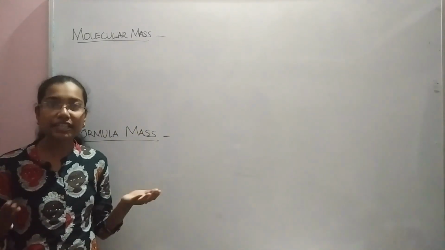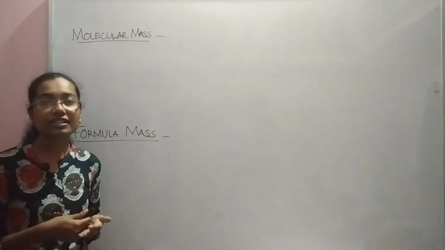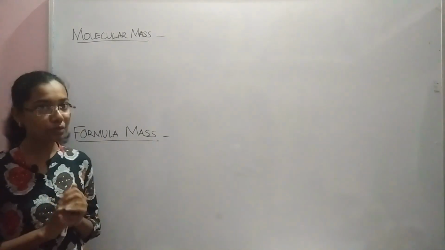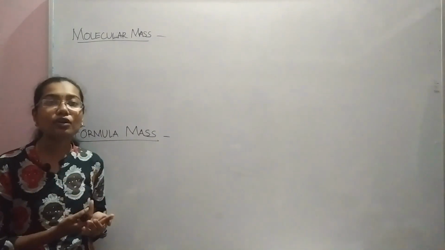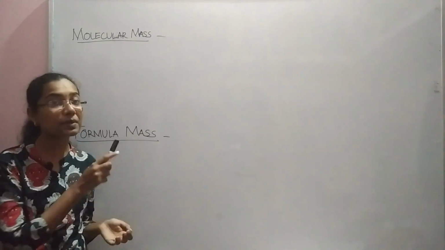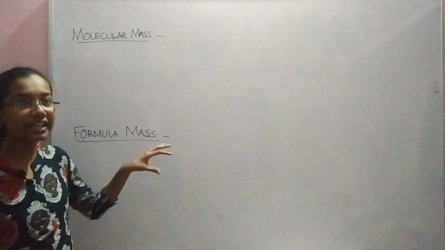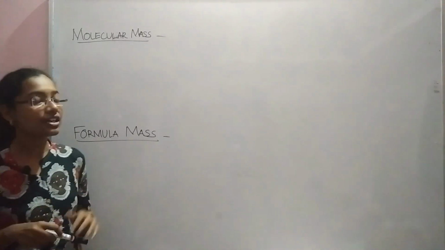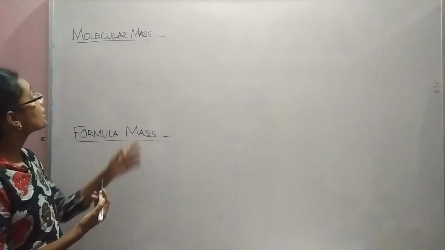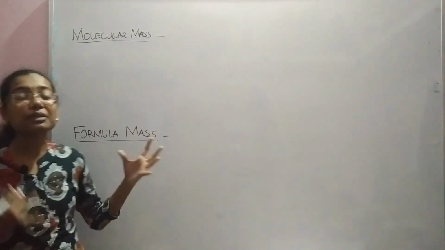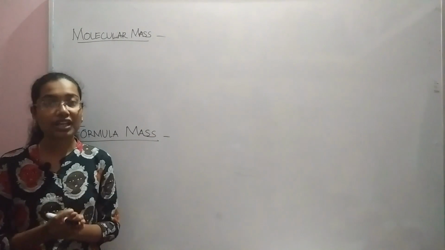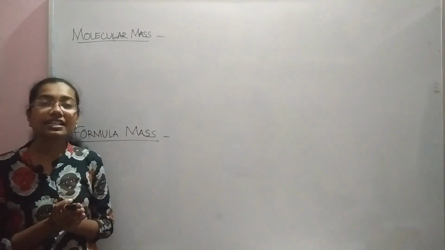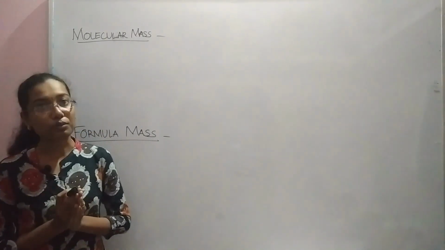Molecular mass is the sum of the atomic masses of the atoms present in that molecule, and formula mass is the sum of the atomic masses of ions present in the formula unit of that compound. That is the first point. The next point: molecular mass is directly linked with the molecular formula, but formula mass is linked with the empirical formula.